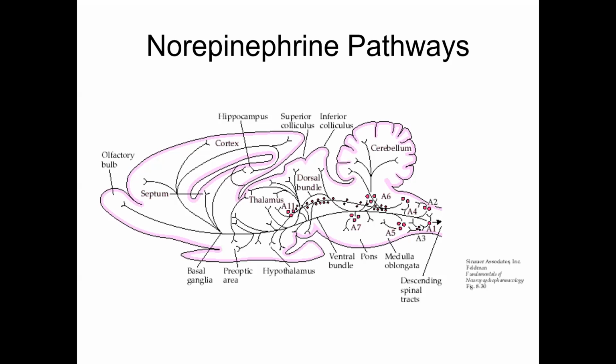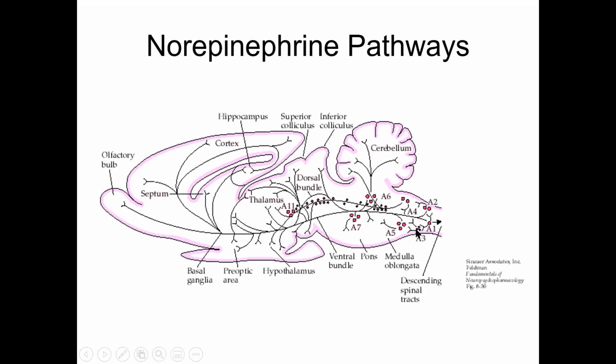And these norepinephrine cells coming down from A1 and presynaptically synapsing in the substantia gelatinosa show you that norepinephrine activated in this way can inhibit pain. Then the A2 and A4 cell groups are primarily noradrenergic interneurons in the caudal medulla and in the more rostral medulla.